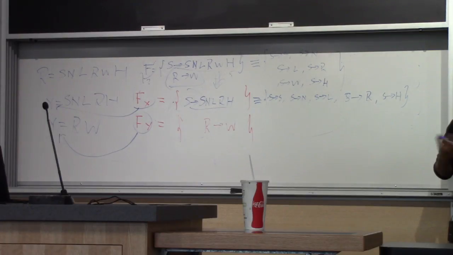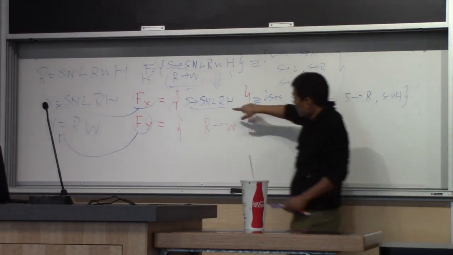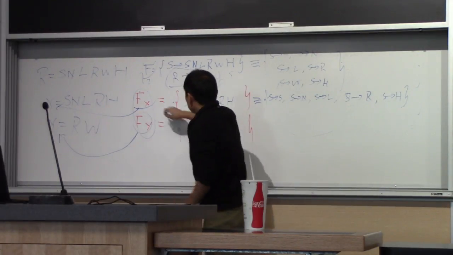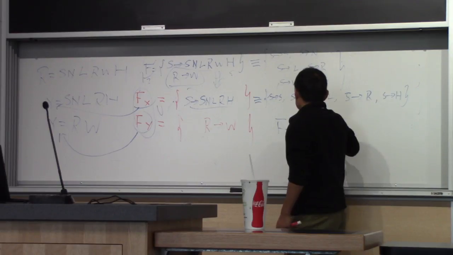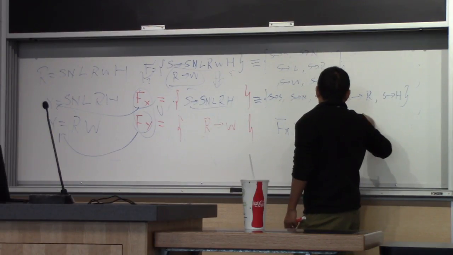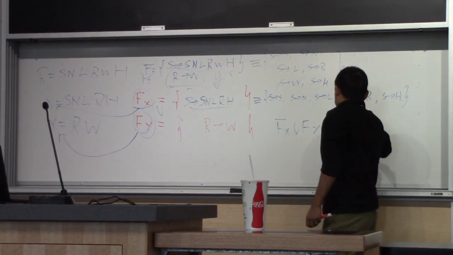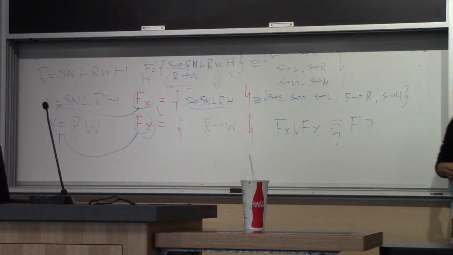Yes or no? Again, using the decomposition rule. These two, when you union them together, when you do Fx union Fy, is this the same as F? Yes or no?